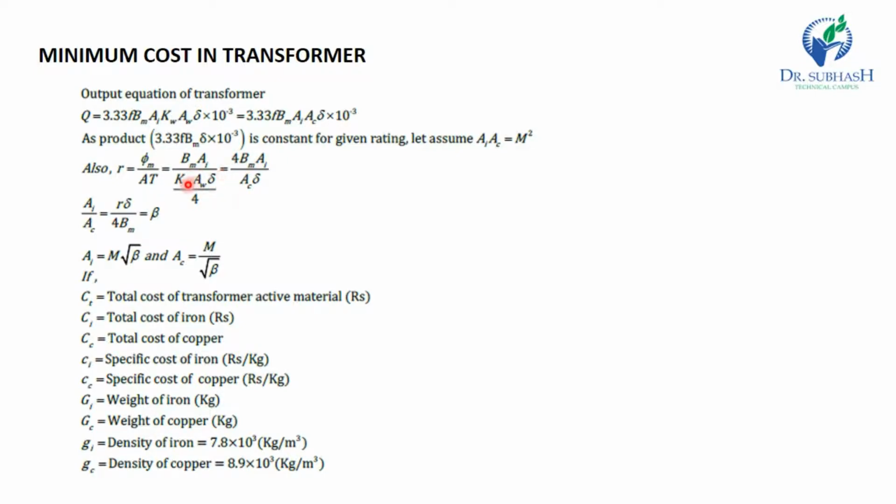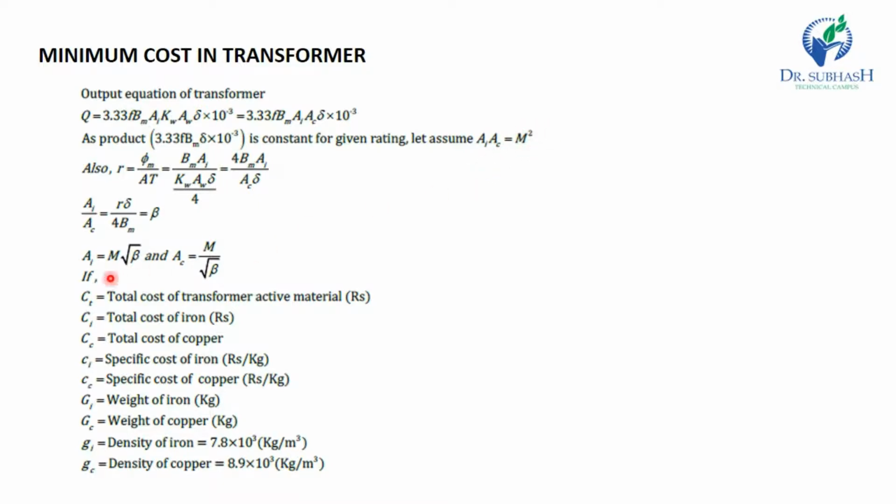Putting this equation here, we get 4 Bm Ai upon Ac into delta equal to Et. From this, Ai upon Ac is equal to Et by 4 Bm delta, and we take this as a constant beta. So Ai upon Ac is equal to beta, and Ai into Ac is equal to m squared.